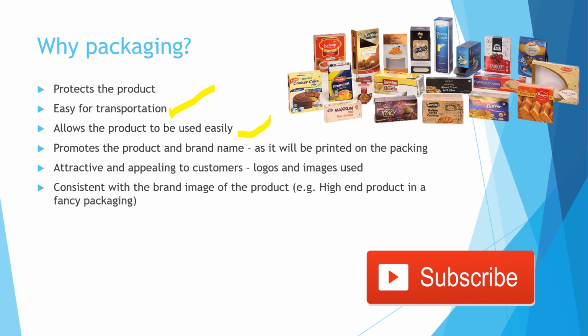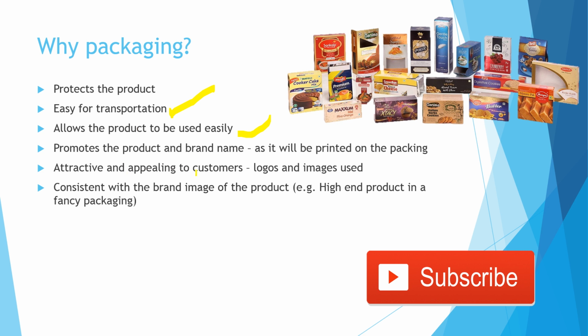Because if you go to buy, let's say, this style of biscuits, everybody that you pass by will see this and may go and buy it because they have seen you buy it. So it's a powerful thing to have images on your product, because it shows who you are.